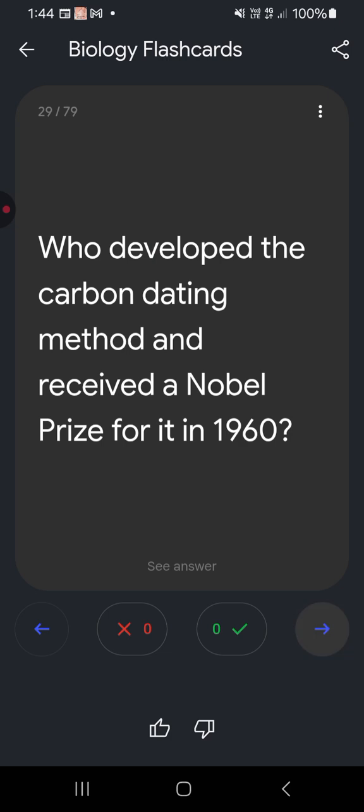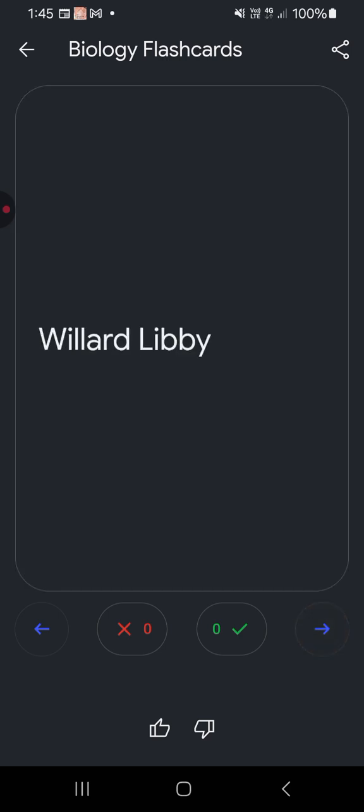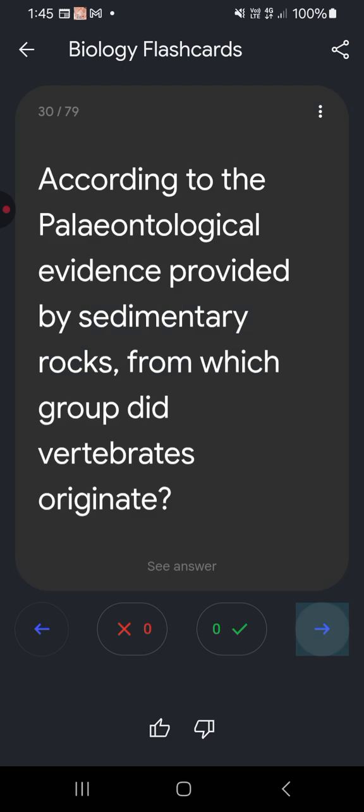Who developed the carbon dating method and received a Nobel Prize for it in 1960? Willard Libby. According to the paleontological evidence provided by sedimentary rocks, from which group did vertebrates originate?